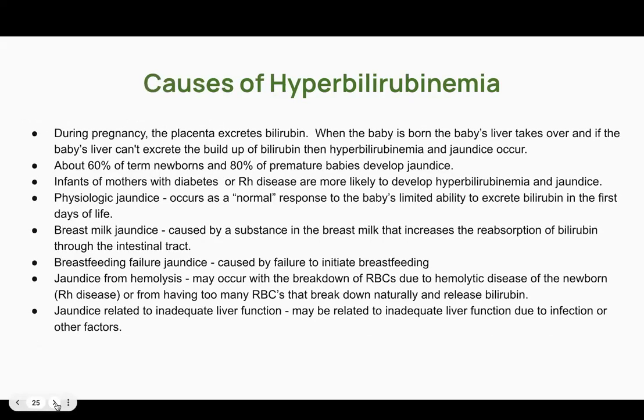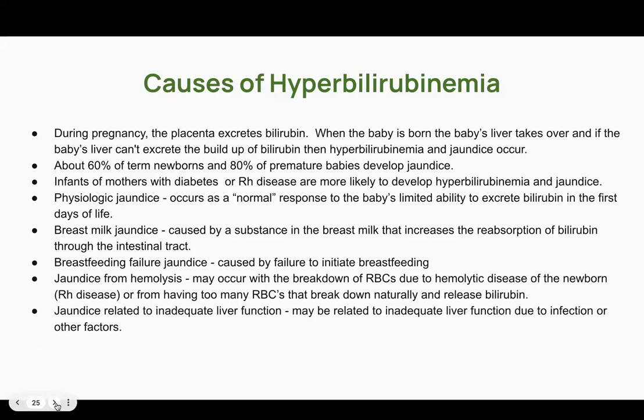Causes. The reason why hyperbilirubinemia occurs is that during pregnancy, the placenta excretes the bilirubin. When the baby's born, the baby's liver is supposed to take over. But if the baby's liver can't excrete the buildup of the bilirubin, then this occurs along with jaundice.